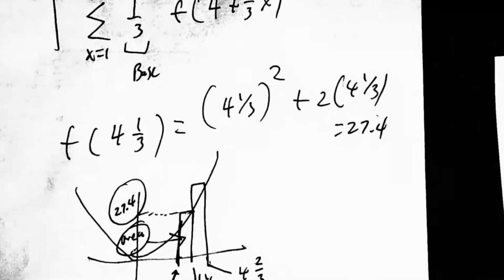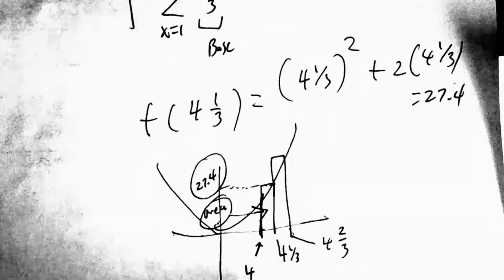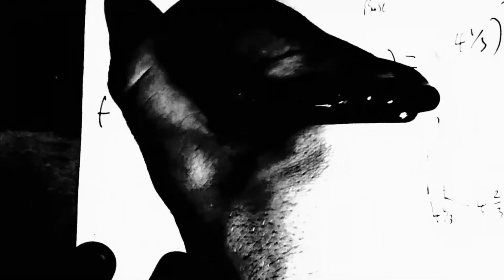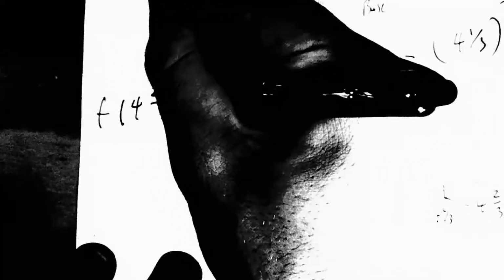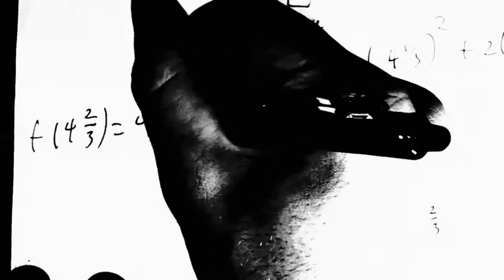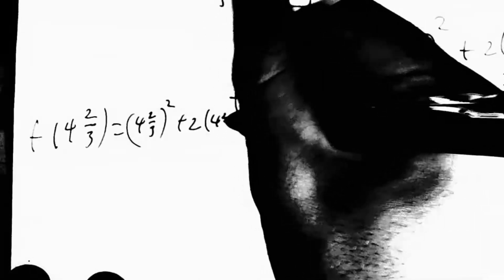Okay. Then for my second term, I'm going to plug in 2 into this. I'm going to get, right over here, f of 4 2/3. Okay, and that's going to be 4 2/3 squared plus 2 times 4 2/3.